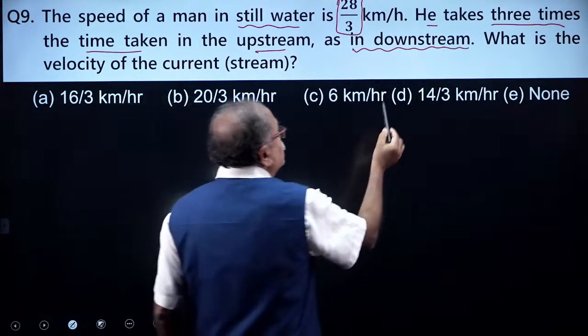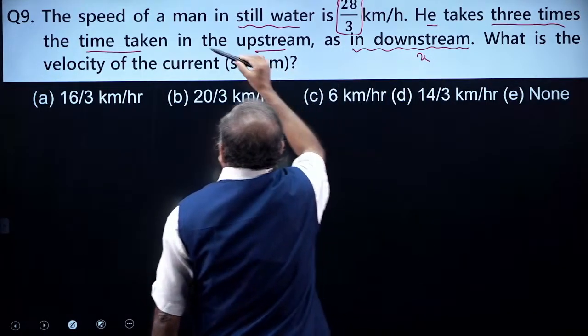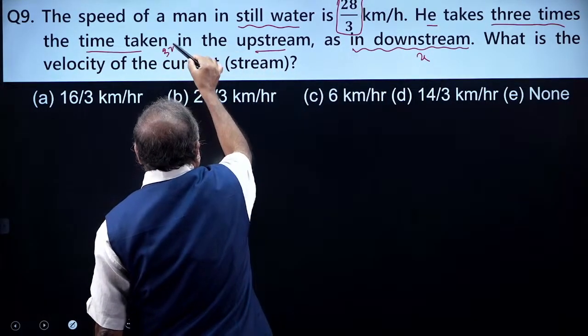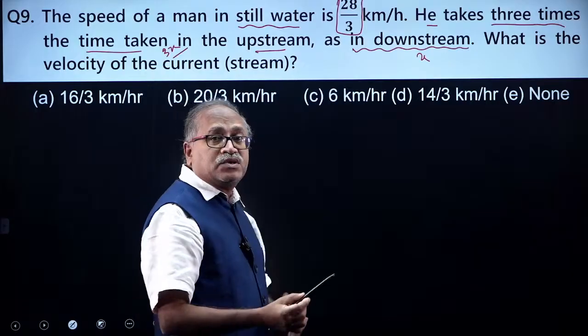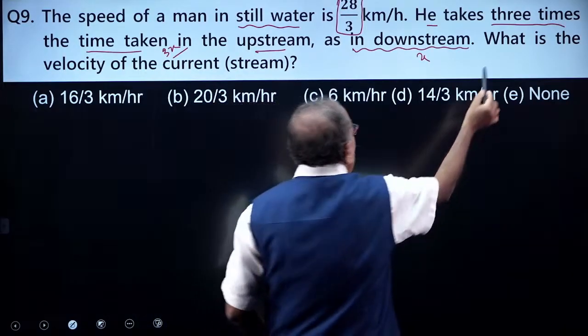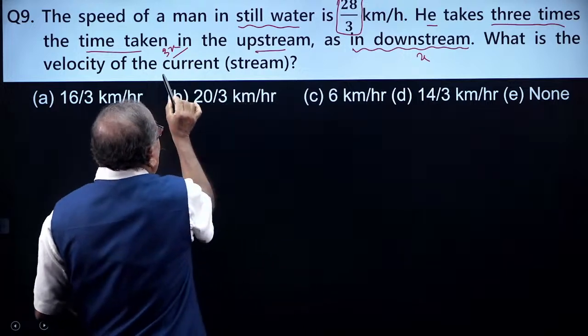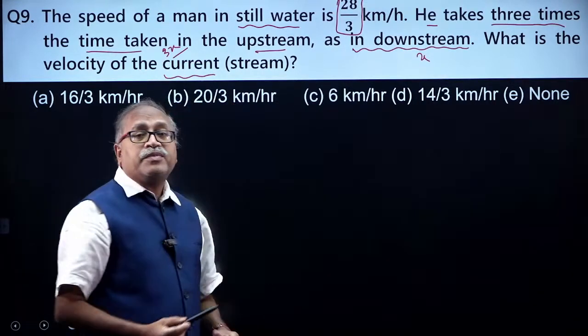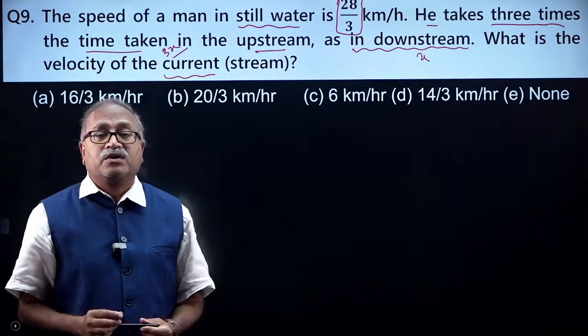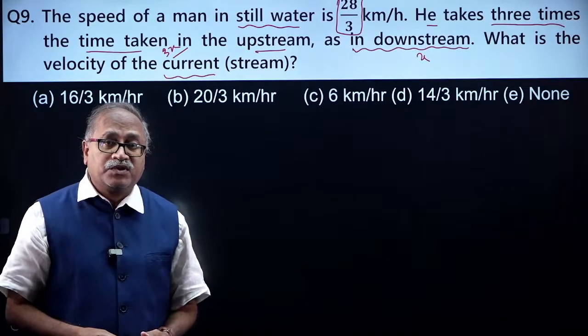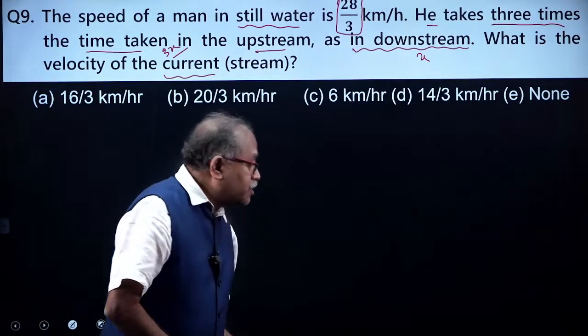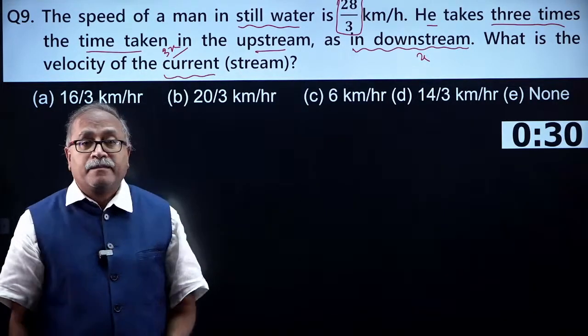In downstream, if it is x, then upstream the time is 3x. So that relation is given here. So what is the velocity, that is, the speed of current? Please don't ignore this. There is a shortcut formula to answer this type of question. So I will show you after 30 seconds.